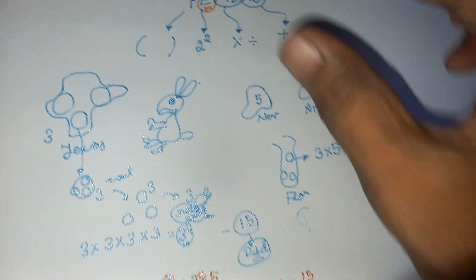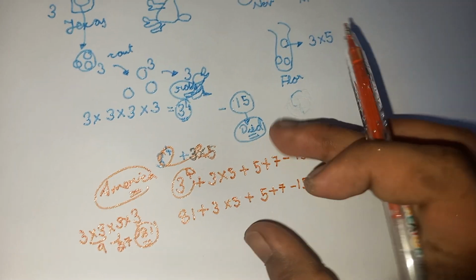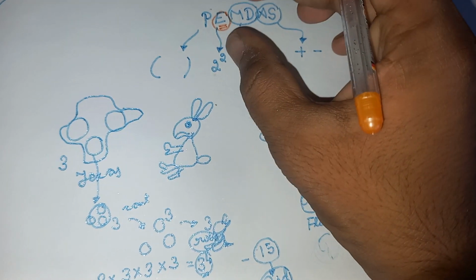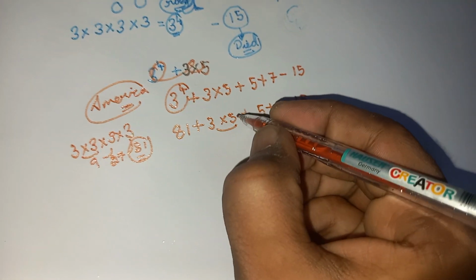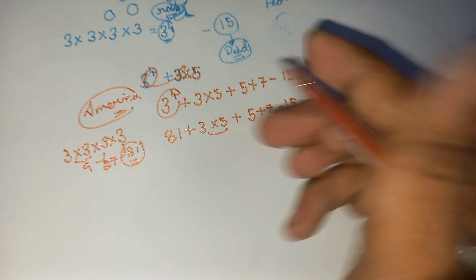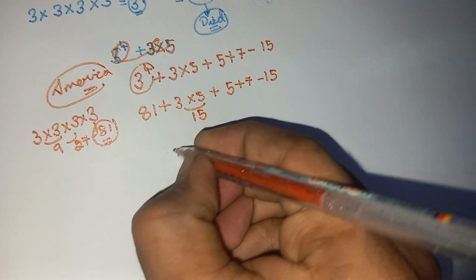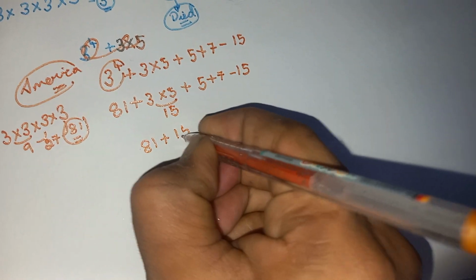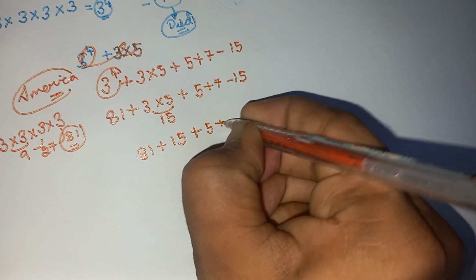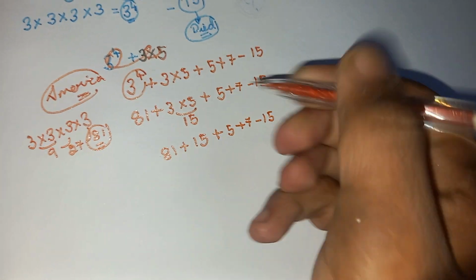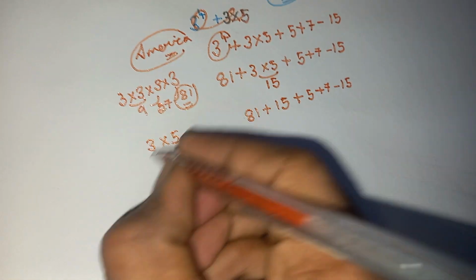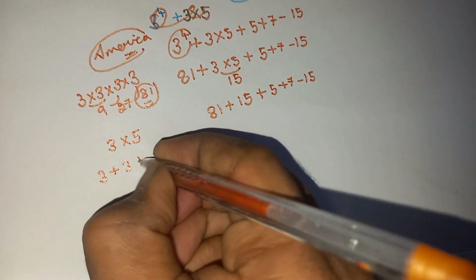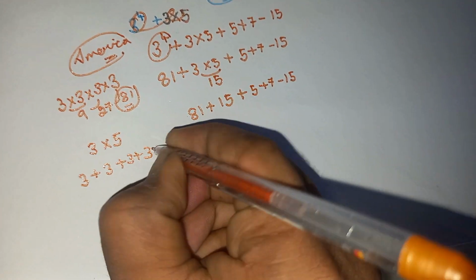Now the exponent has the highest value because exponent is repeated multiplying, and then comes the value of multiplying and dividing, because it causes even more change than adding or subtracting. 3 times 5 is 15. Here you are multiplying 3 times 5, which means you are adding 3 five times: 3 plus 3 plus 3 plus 3 plus 3.